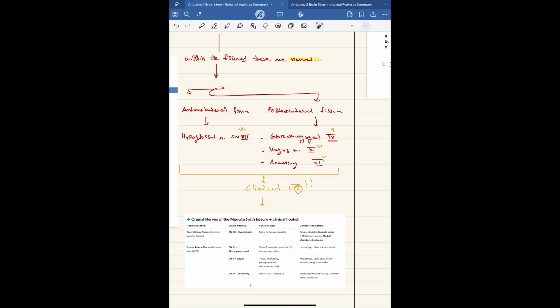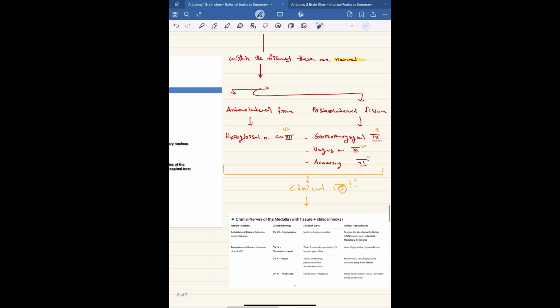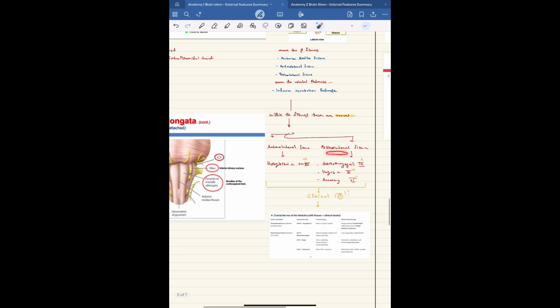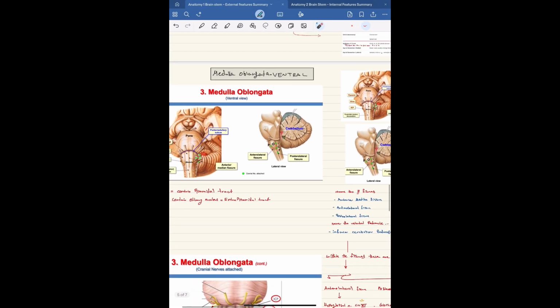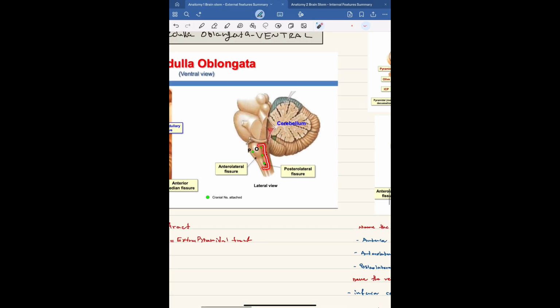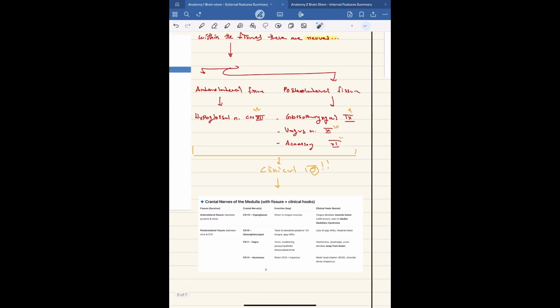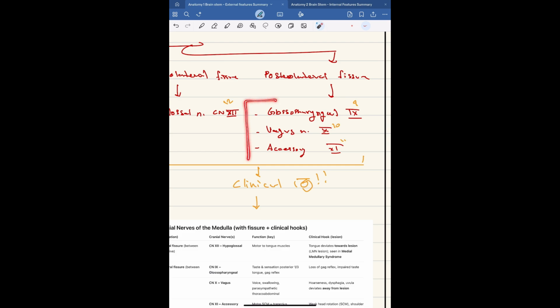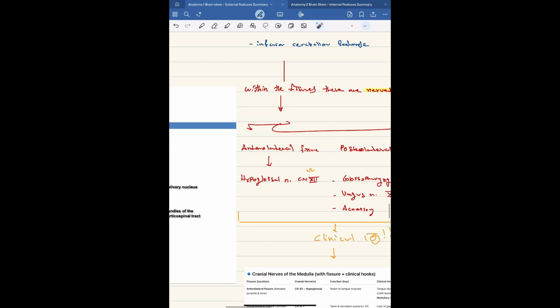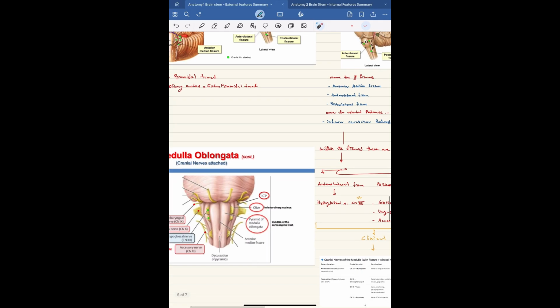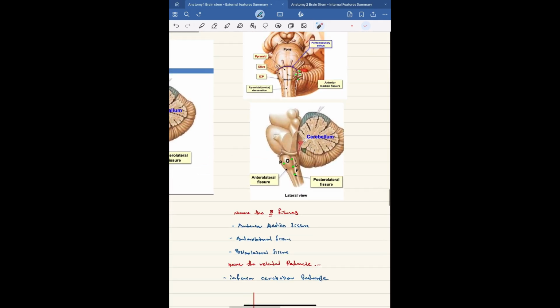The 9th cranial nerve, we will see it in the posterior lateral fissure. So we'll see it here. So the first 3 of the last 4 cranial nerves, we see them in the posterior lateral fissure, which are cranial nerves 9, 10, and 11. And then the last cranial nerve, the lonely nerve, we'll see it in the anterolateral fissure as seen here.